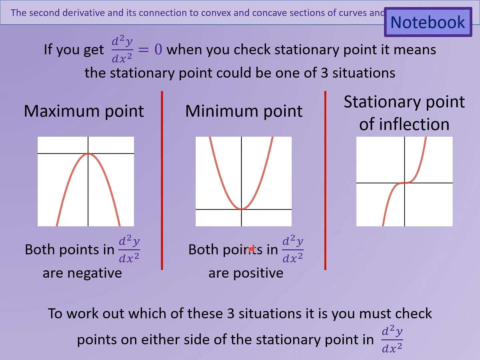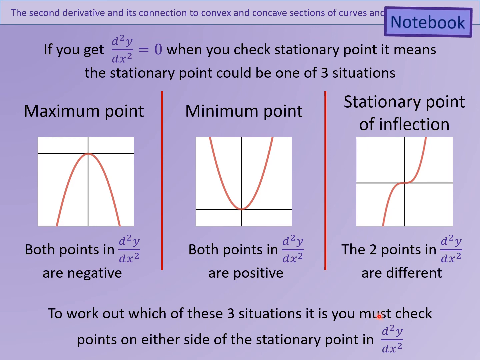If they both come out to be positive though, you substitute in your 0.1, you substitute in your minus 0.1, and we see that both of them are positive, then we have a minimum point. And then finally, if on one side 0.1 gets you positive, but minus 0.1 gets you negative, then we have two different signs, and that would imply a stationary point of inflection.